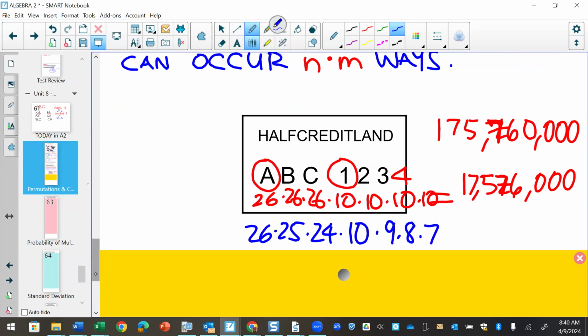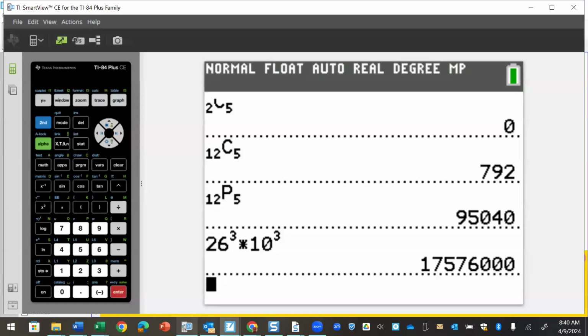7 if we went 4 digits. You don't have to give me the answer. No, actually, I'm kind of interested now. Big number again. See if I can type it. 26 times 25 times 24, and so on.